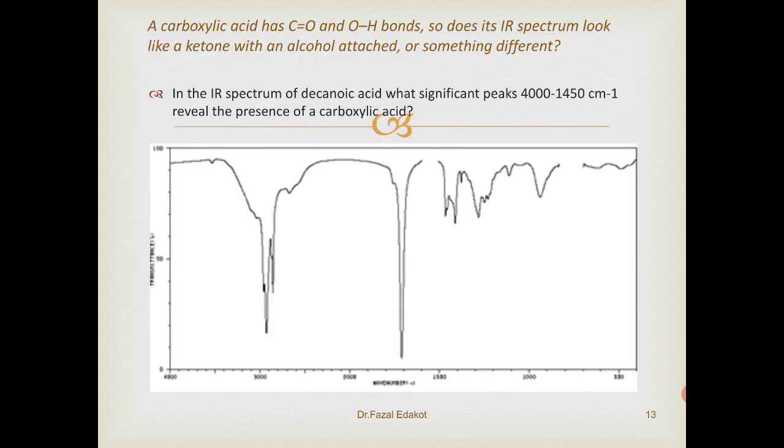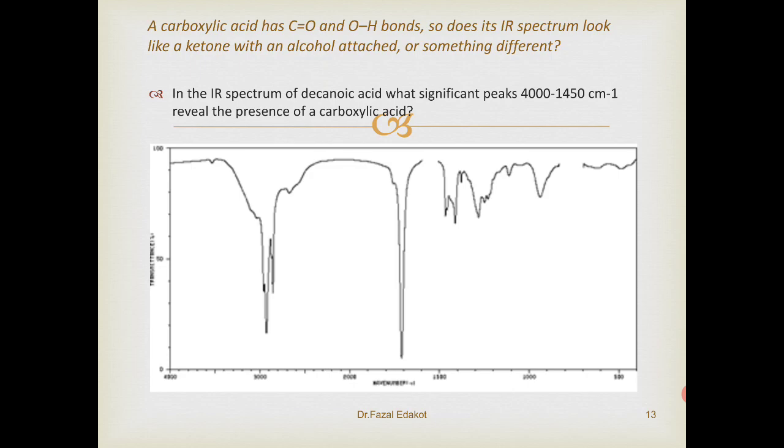So look at the carboxylic acid. Its IR spectrum has a CO group and an OH group. Compared to an aldehyde, it is a carbonyl group which has a CO group and an OH group. So does its IR spectrum look like a ketone with an alcohol attached, or something different?